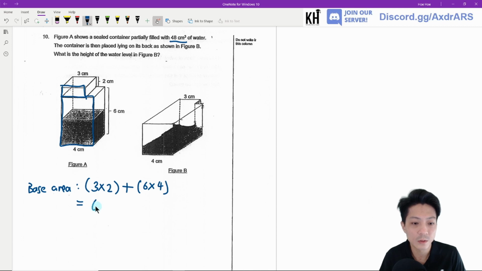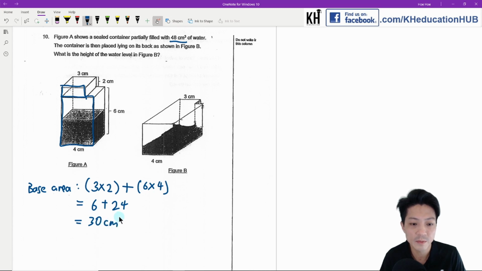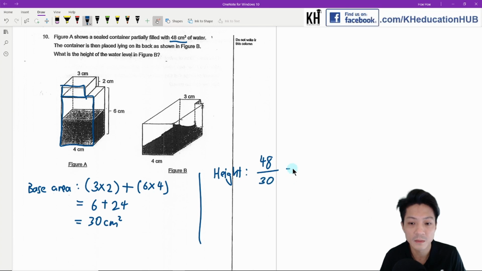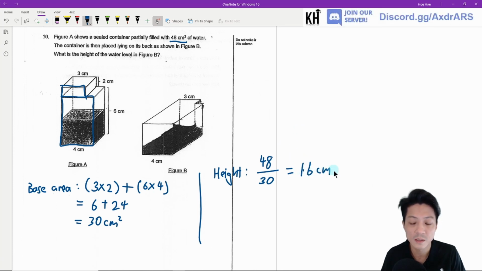That will be equal to 6 plus 24, which is 30 square cm. So to find the height, you just need to use 48 divided by 30, which is 1.6 cm.